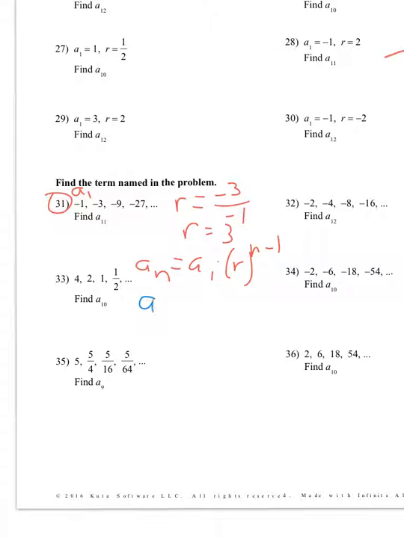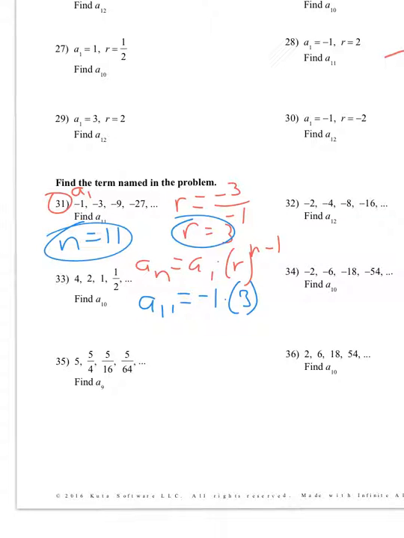So I'm finding a11, which means n is going to be 11 when I use the formula. I do a1, which is negative 1, times r, which I found here to be 3, to the n minus 1 power. N is 11, so 11 minus 1 would be 10 right there.